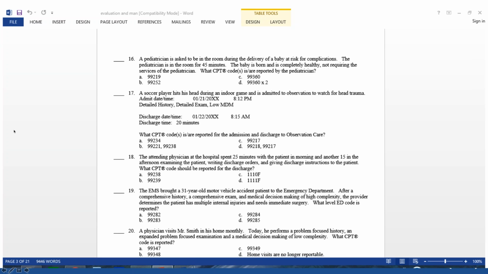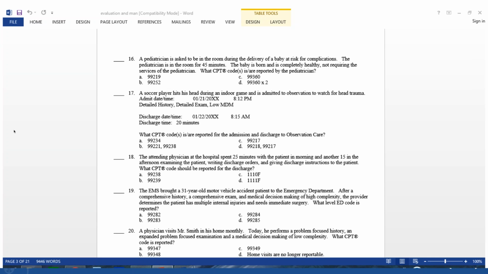All right. Number 16, and I am going to send you guys this attachment. This is exactly how you're going to see them on your exam. So number 16, a pediatrician is asked to be in the room during delivery of a baby at risk for complications.